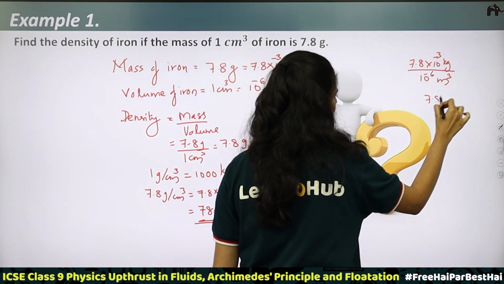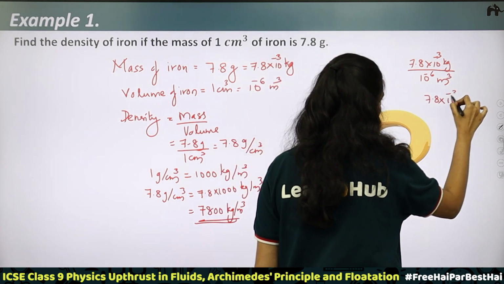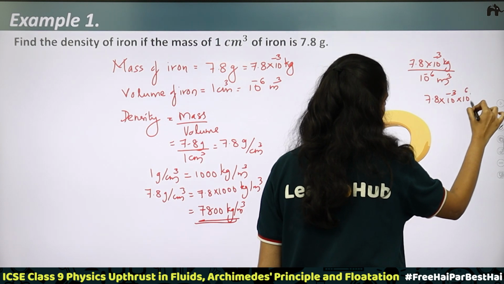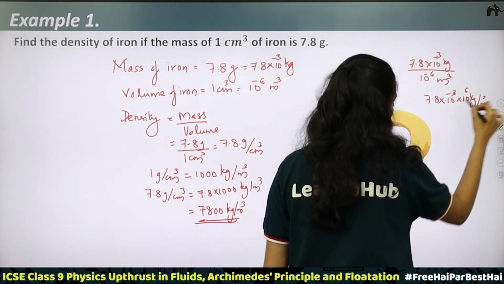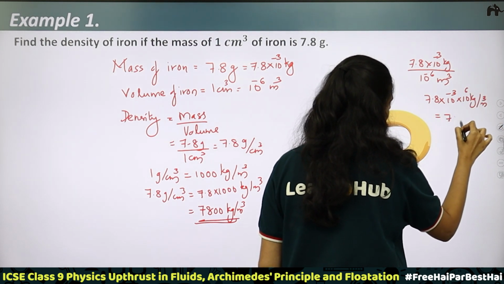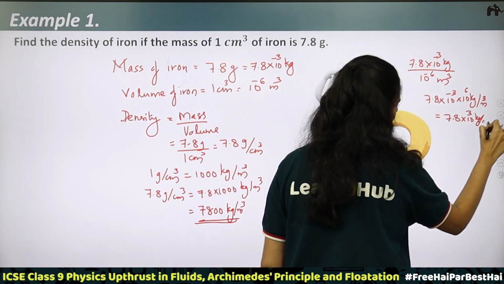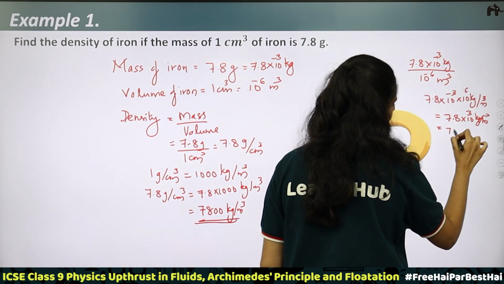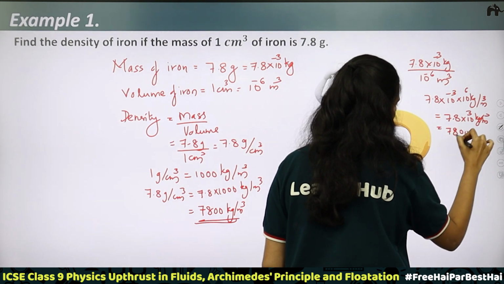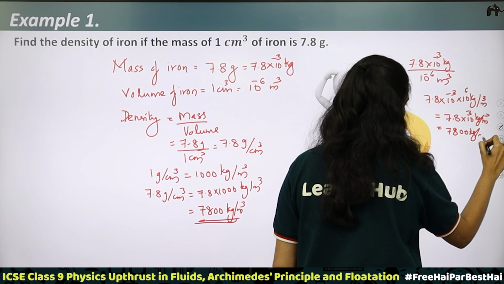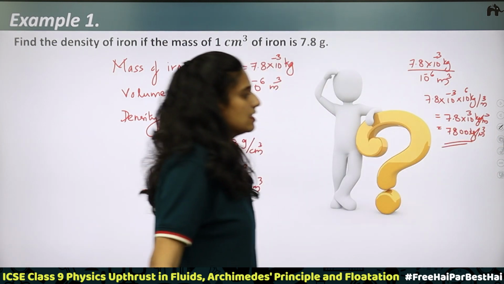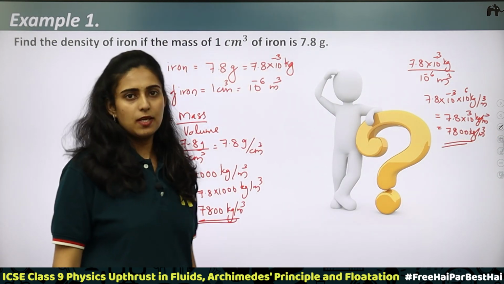That is 7.8 into 10 raised to minus 3 into 10 raised to 6 kilogram per meter cube, which is equal to 7.8 into 10 raised to 3 kilogram per meter cube. The same answer we are getting. This is 7800 kilogram per meter cube.